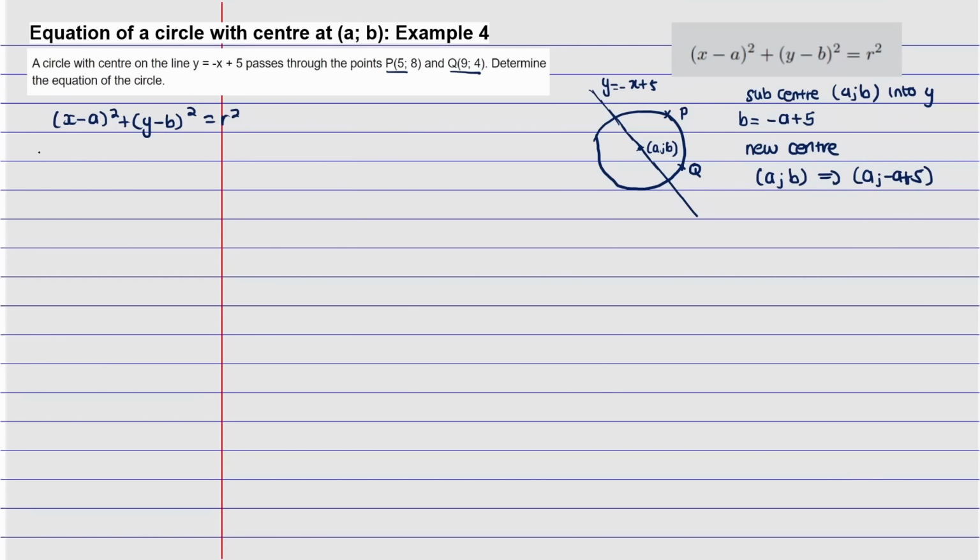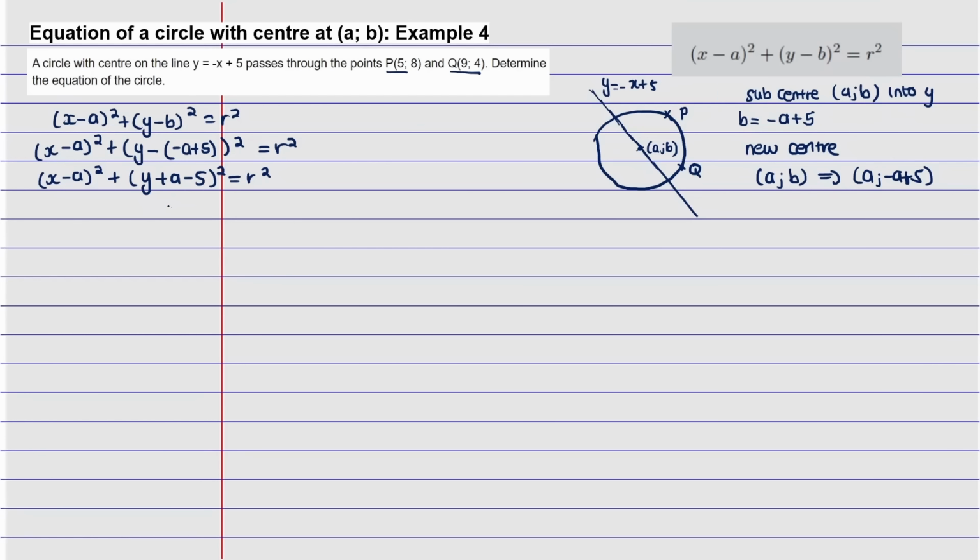So it's going to be x minus a all squared plus y minus negative a plus 5, all squared is equal to r squared. Let's simplify this: x minus a all squared plus y plus a minus 5, all squared, is equal to r squared.